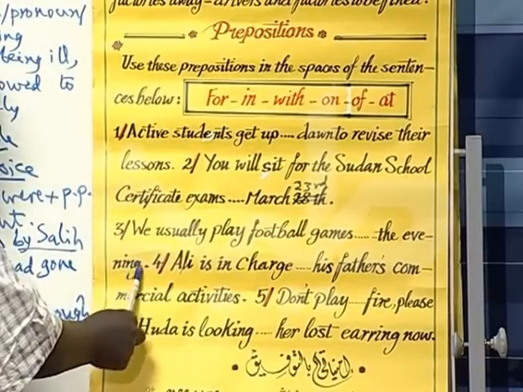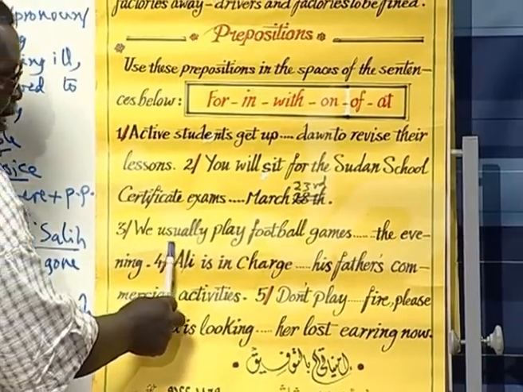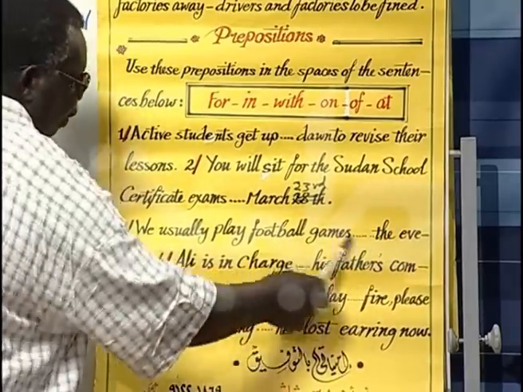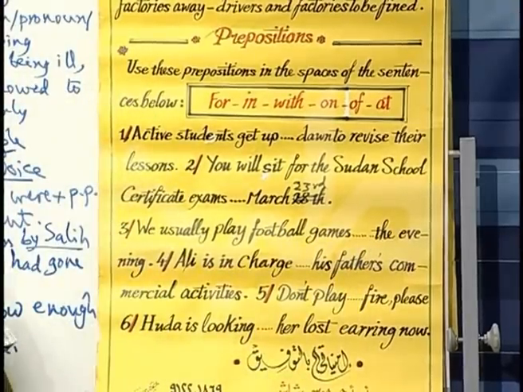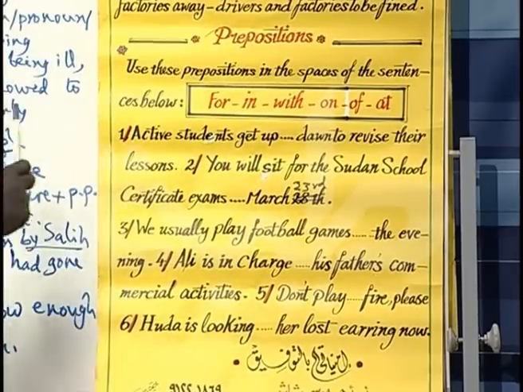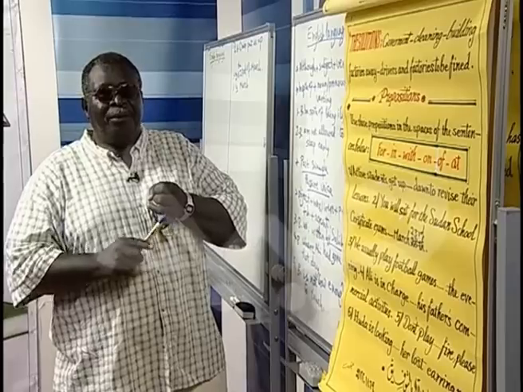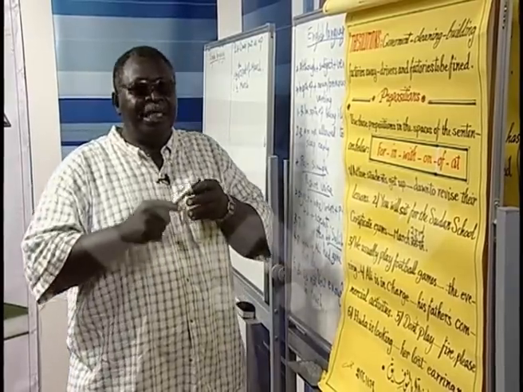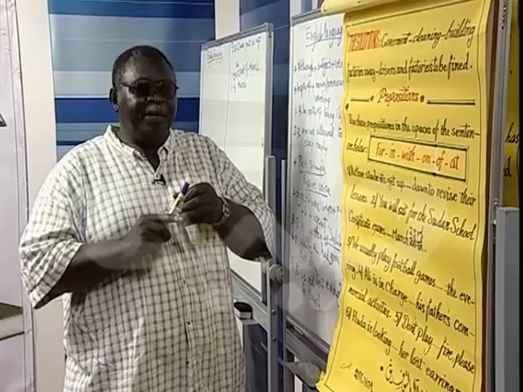Let me read it again, I'm sure you can tell the answer. We usually play football games dash the evening. Can you tell the answer? It is going to be in, I'm sure everybody can tell it. So we say in the evening, we say in the morning, we say in the afternoon, we say in the night. Let me repeat this again.